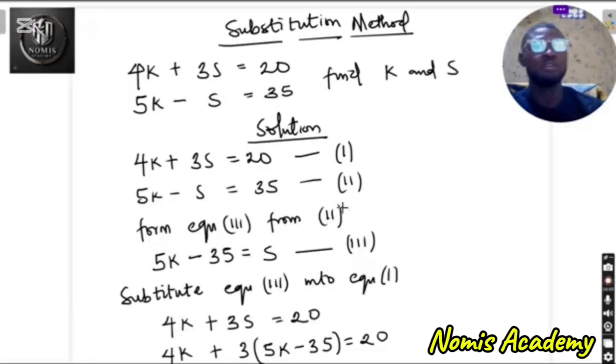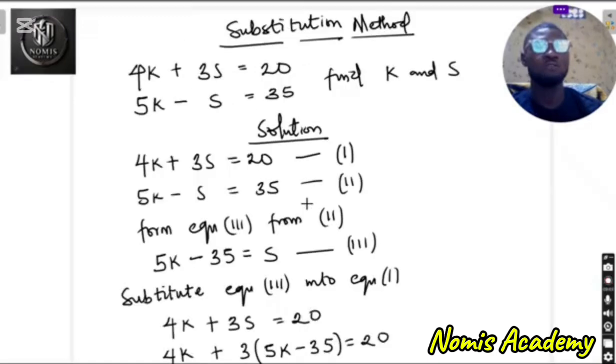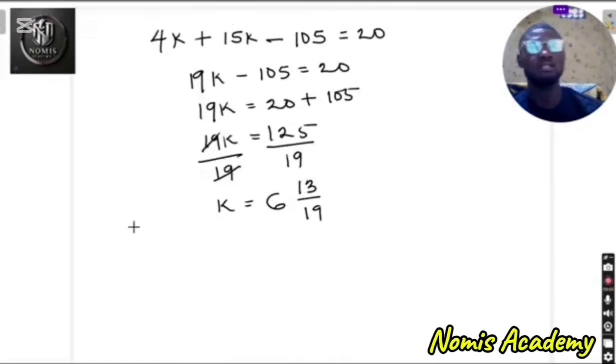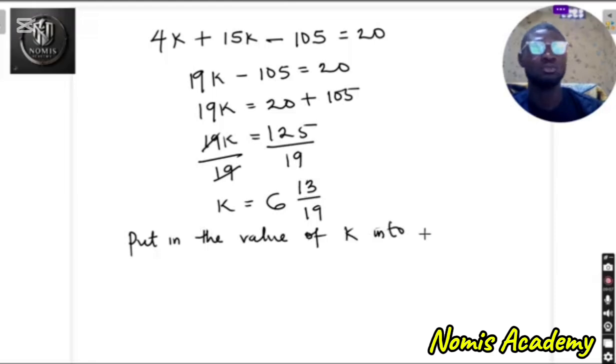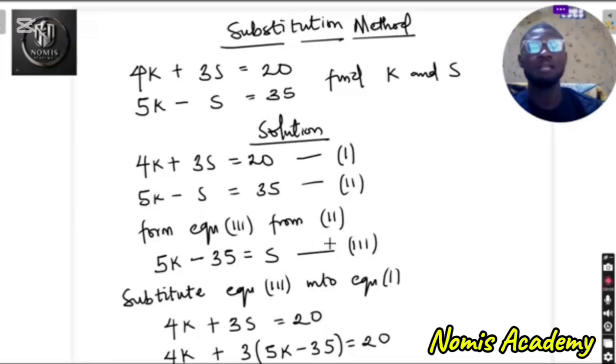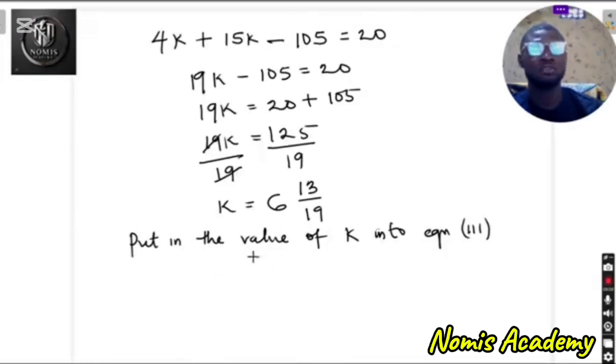Now remember, we have to find the value of k and s. Now you can put the value of k into equation 3. To put the value of k into equation 3, remember that equation 3 says 5k minus 35 is equal to s.